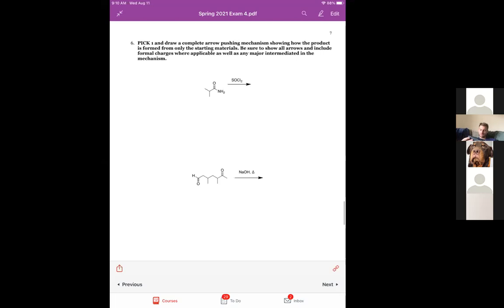All right, let's do these last two mechanisms. Yeah, because this exam is mean, it feels like. Especially in a 5-week course. Yeah, over here. Okay. Can't attack this thionyl chloride.